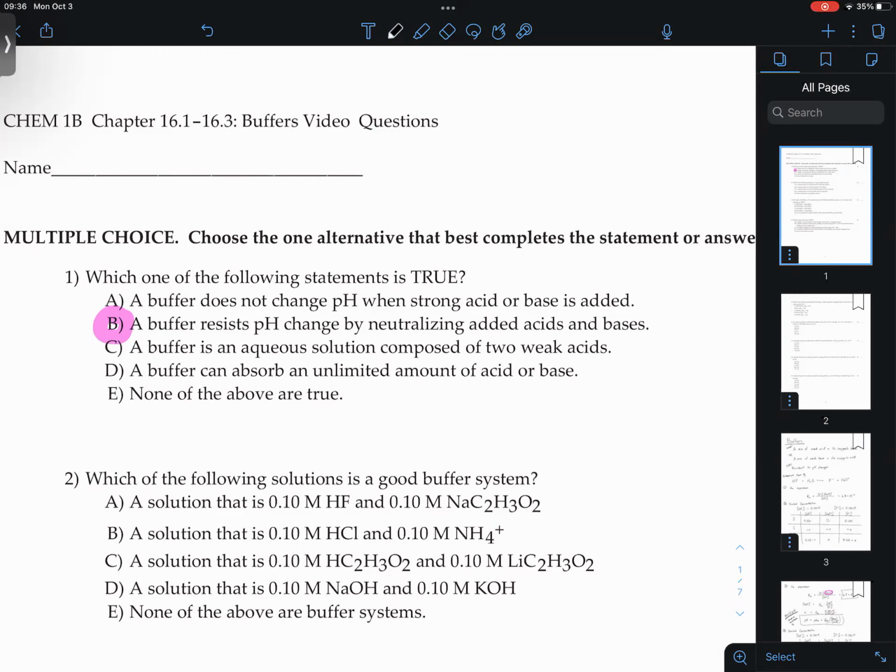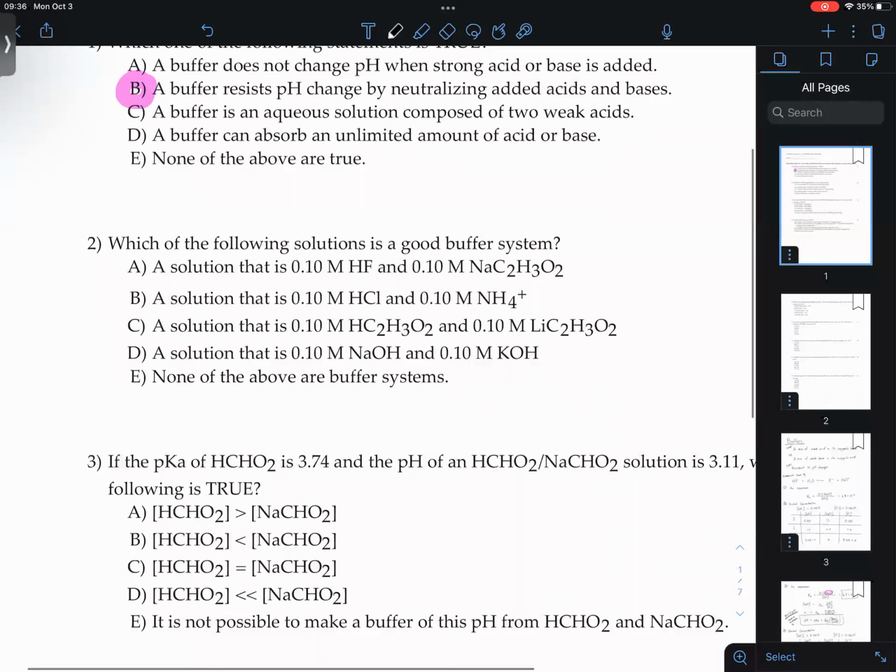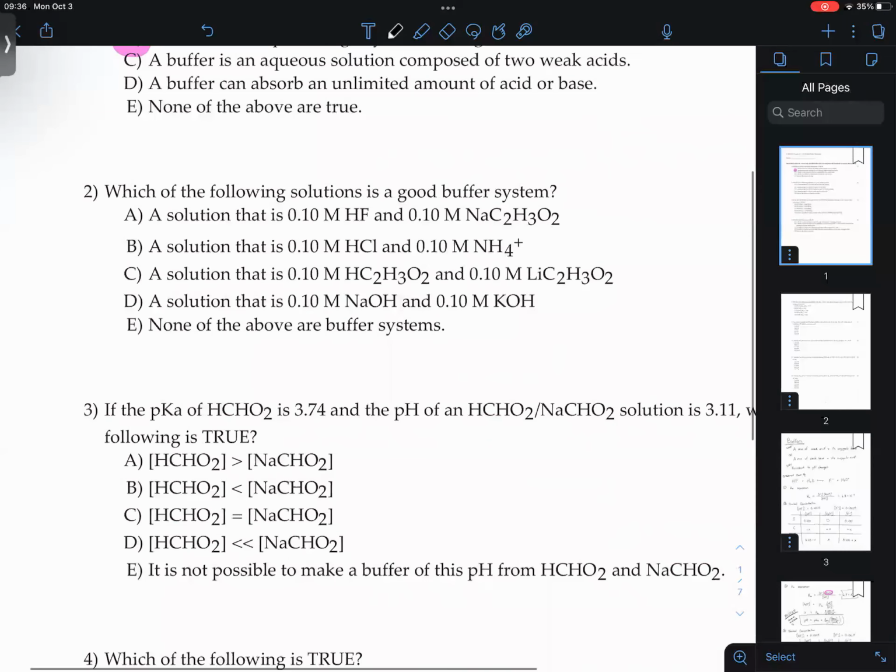Okay, number 2, let's do two together here. So which solution would be a good buffering system? So remember, we need a weak acid and its conjugate base. A has a weak acid, and it has a conjugate base, but it's not this weak acid's conjugate base, so it's not going to be that one.